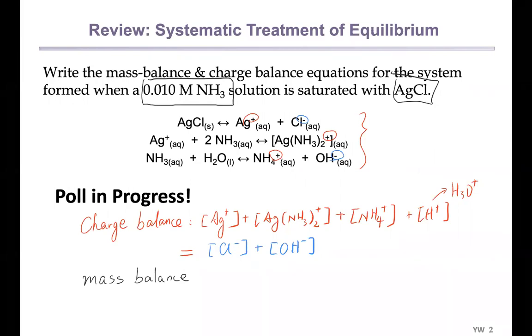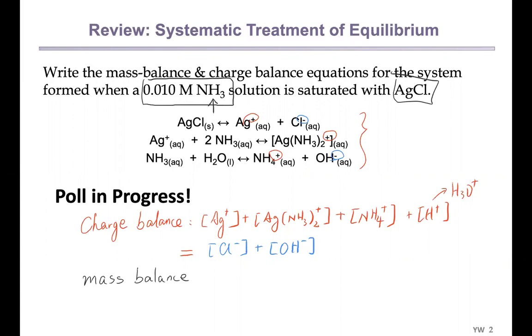Okay. So let's first think about the ammonia part, right? Basically, the mass balance means that the total amount you put into the solution should equal the total amount of all forms of that species, right?